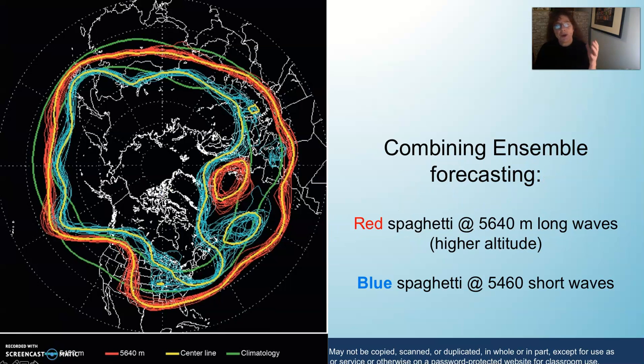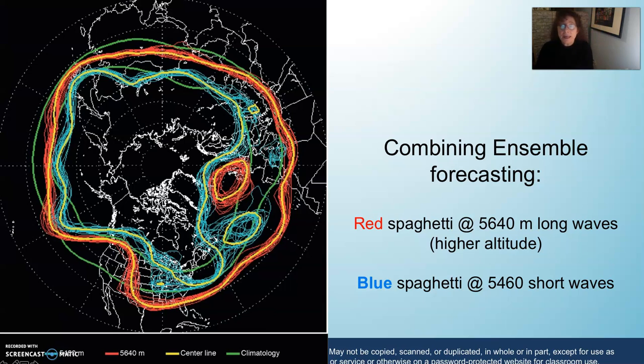Now, I want to show you how you can combine ensemble forecasting. This is a visualization of the top of the world, of the North Pole, and it's looking for long wave and short wave long-range forecasting.